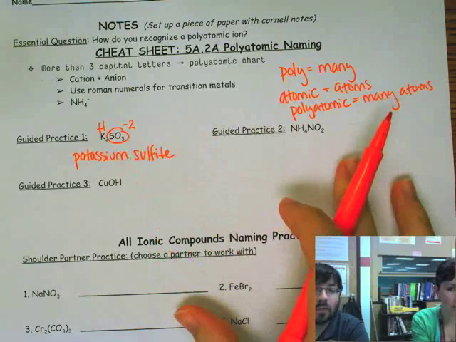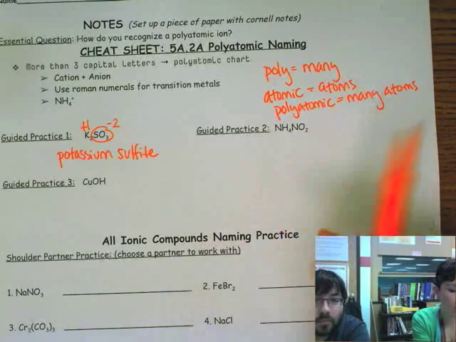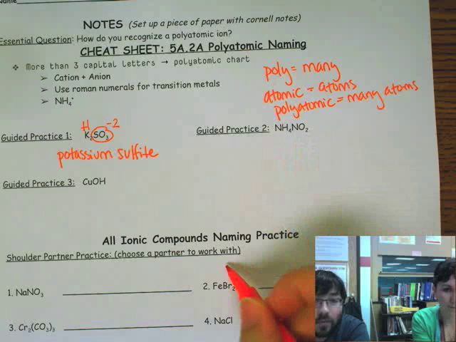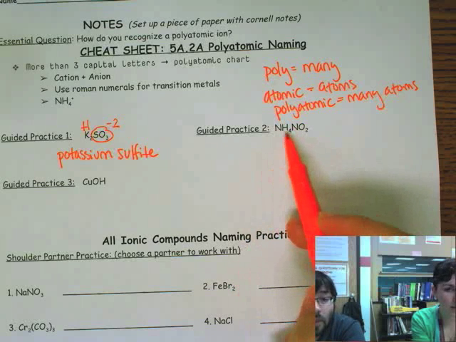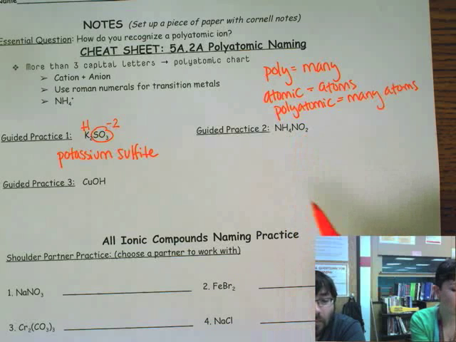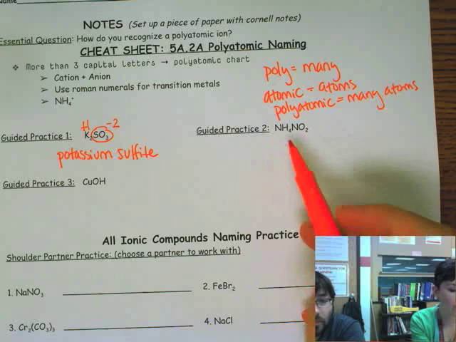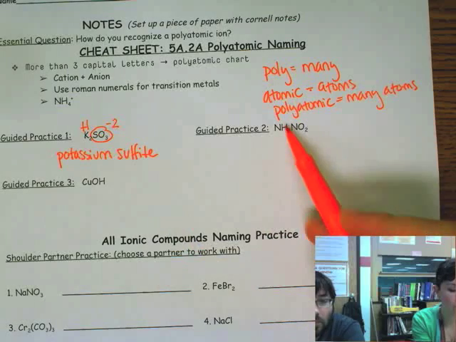Okay. So let's name the second one. I've got a whole bunch of atoms right here, don't I? Yeah, it seems like you have a couple of the same ones. Yeah, it looks like I got a bunch of nitrogens here, and I've got some hydrogens, and I've got oxygen. So I have to figure out which ones of these are grouped together in the polyatomic ion, like which one's the cation and which one's the anion.